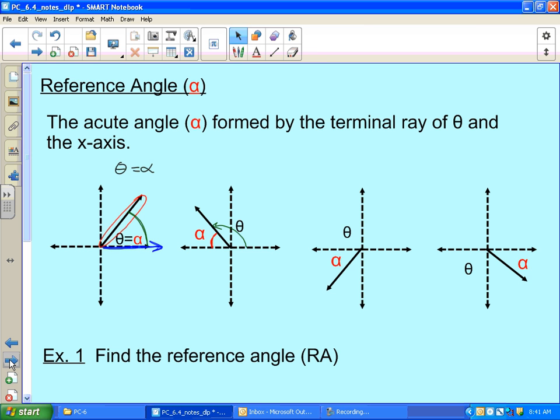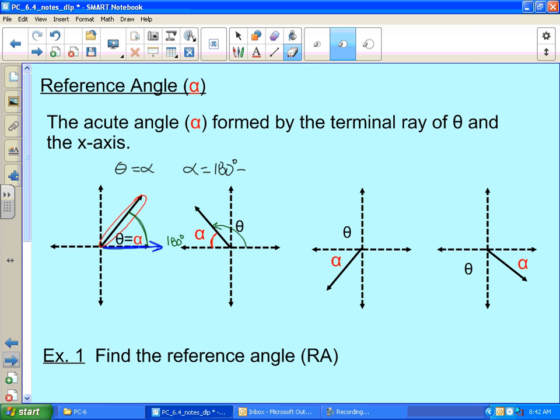Well, in quadrant 2, the alpha would be the leftovers from 180 degrees, which is, again, right there. Remove from that the theta angle that we've turned, and we get our alpha. So there's our rule in quadrant 2, that our alpha is equal to 180 degrees minus theta.